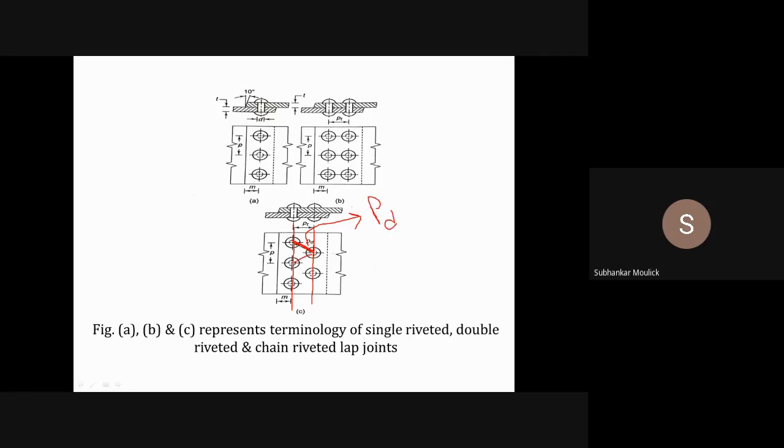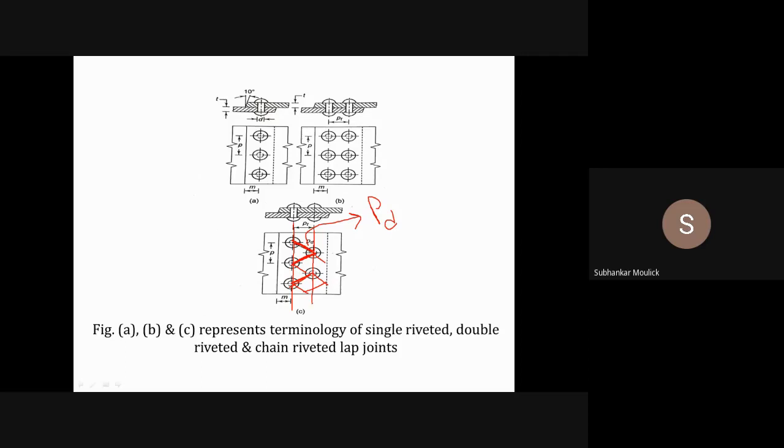Similarly, this distance between the center lines of the holes drilled diagonally is your PD, diagonal pitch. This distance is also your PD.